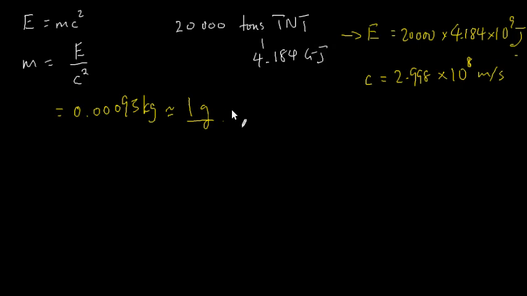If you'd like an idea of how much 1 gram is, it's roughly the weight of a small piece of paper, maybe a piece of paper about the size of your hand, or a dollar note. So this is the amount of mass, 1 gram, that's needed to produce this.